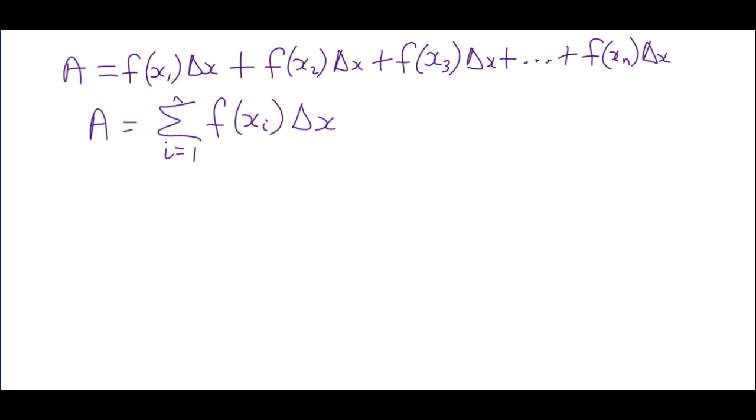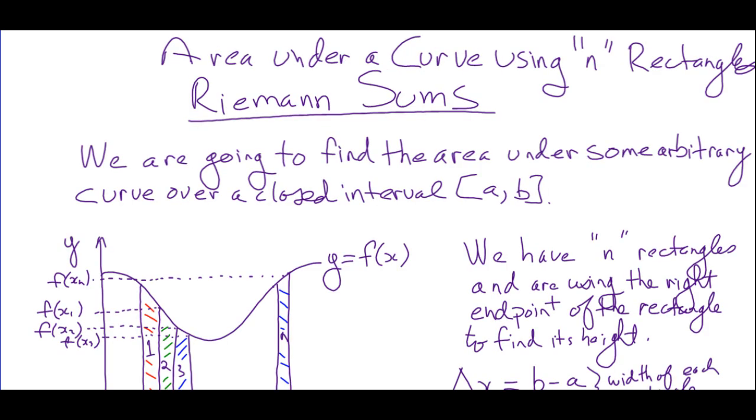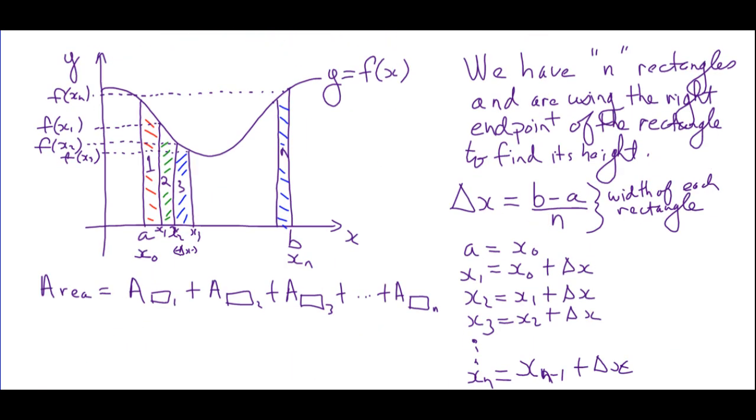So at this point, let's go back to the diagram and we'll add in the ith rectangle, right? We're just going to throw some rectangle in there and say this is the ith rectangle, and then we'll figure out, well, what's the expression for the area of the ith rectangle? So there's rectangle i, the ith rectangle.